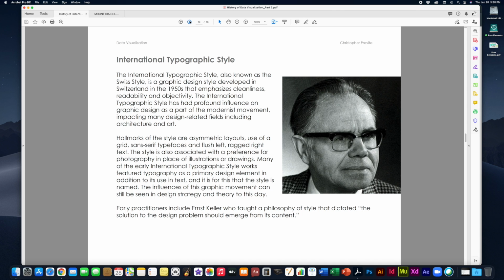Okay, next we move on to the International Typographic Style. So while Neuwirth and Gernst were sort of standardizing pictograms, the International Typographic Style standardized modern typography. Now, typography, similar to data visualization, is an area of design that did not start out as being called typography. First, letter forms were carved into stone on the side of official buildings or churches so that people could recognize what they were.